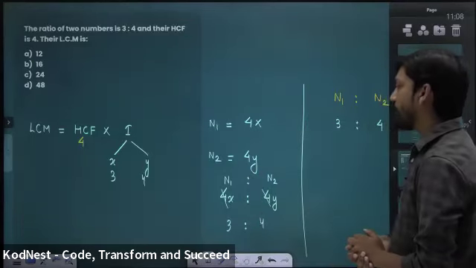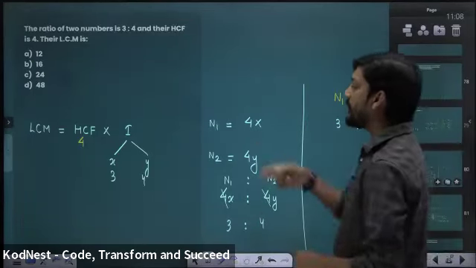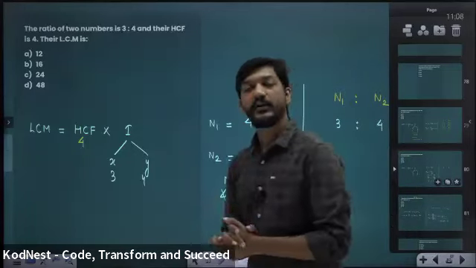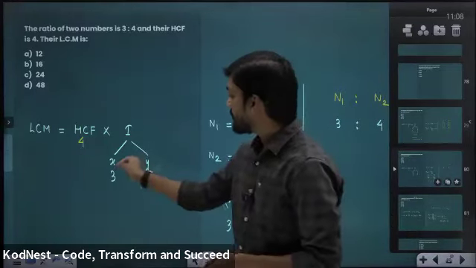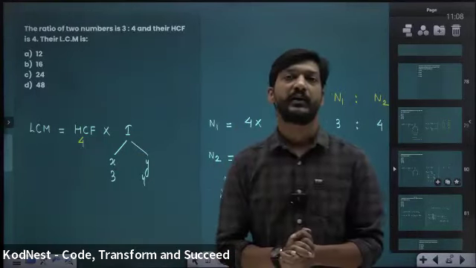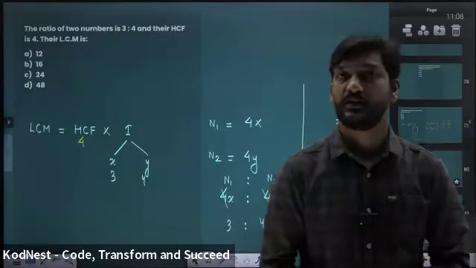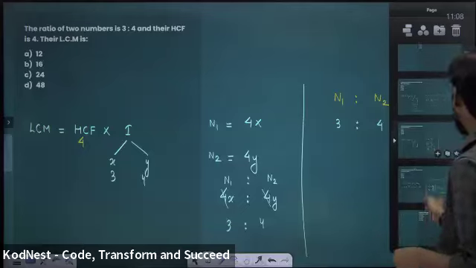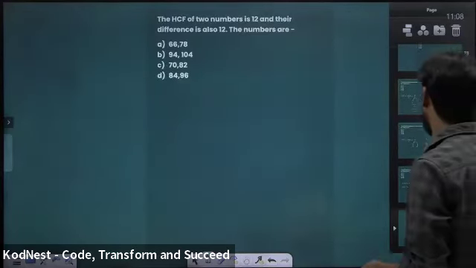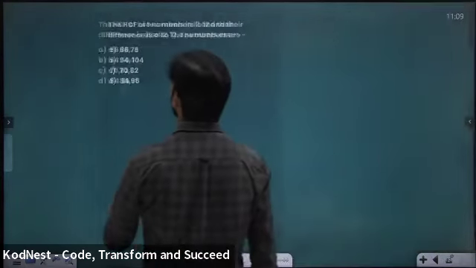The fourth thing we have seen is, when we take the ratio of numbers, that ratio will be the same as the x and y ratio. Okay, so this is all we have learned. Let's see more questions. One more question is there.